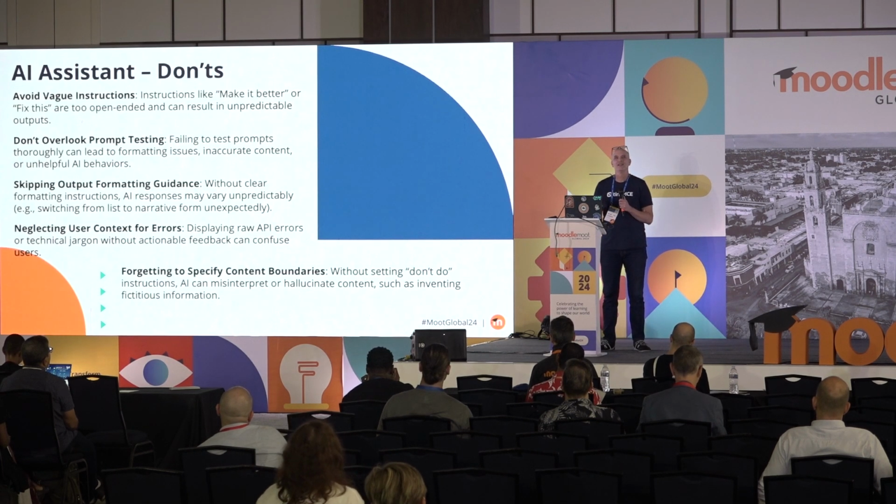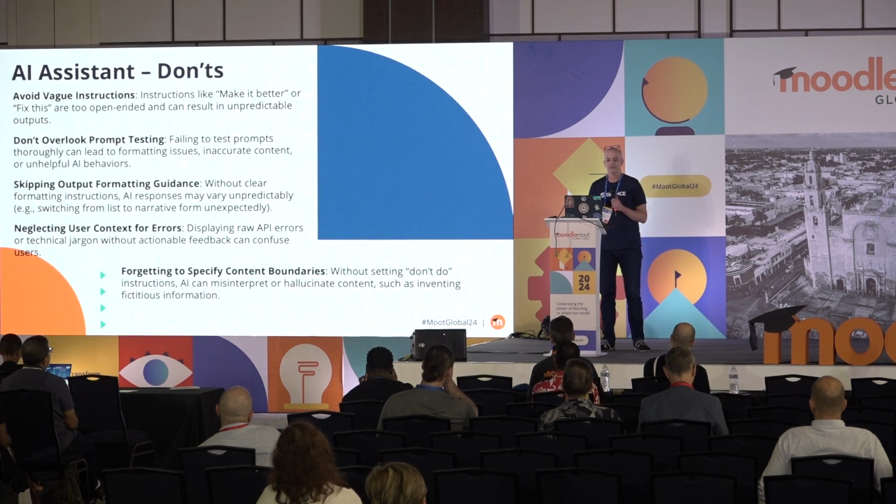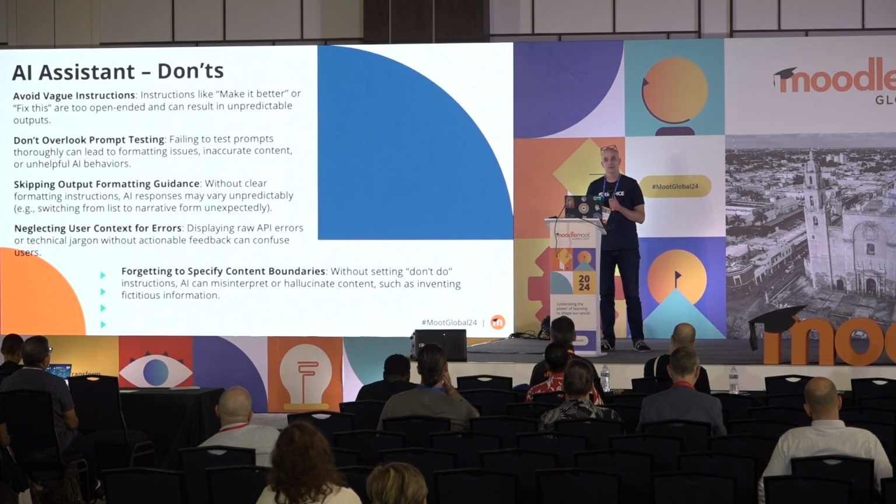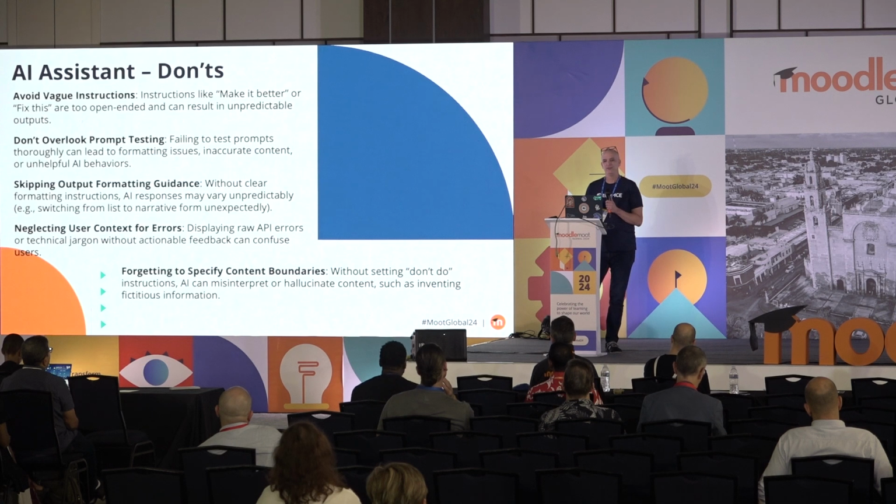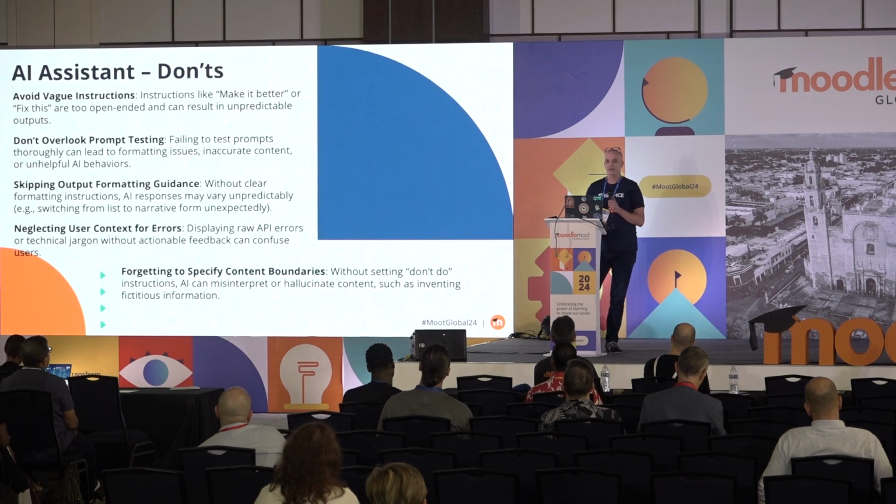Write a lesson on Newton's third law of physics. Be sure to reference all your sources. Third law of motion, not physics. And do not create any new data, any new information on your own. Something along those lines.